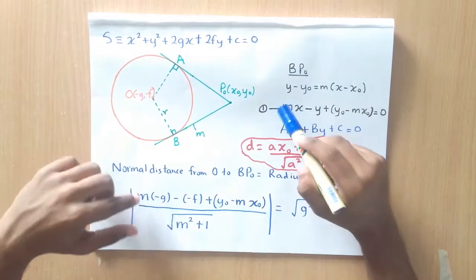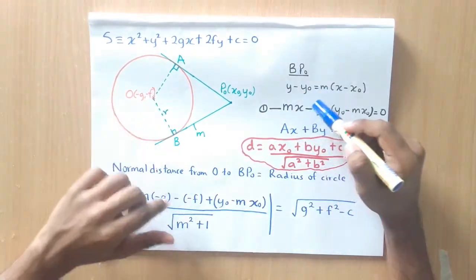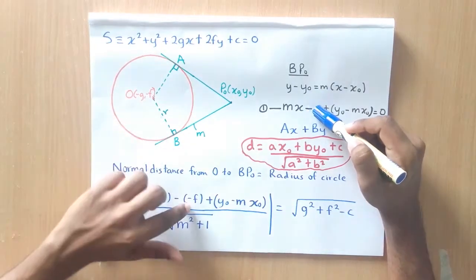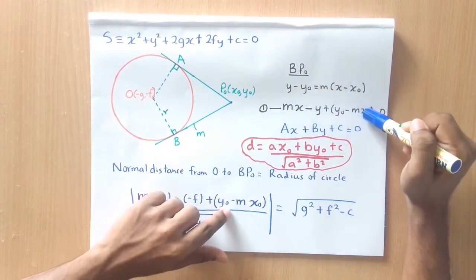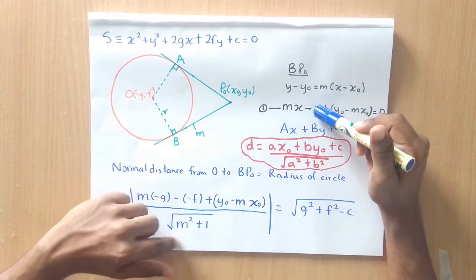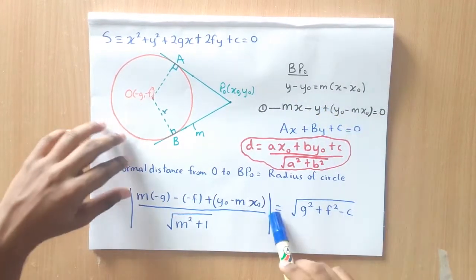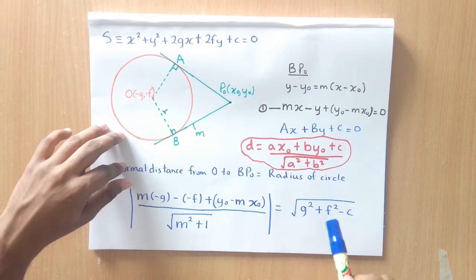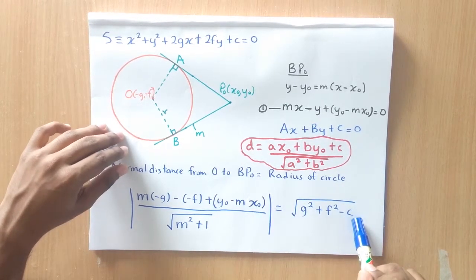So that will be m into minus g minus 1 into minus f plus y0 minus mx0, divided by the square root of m squared plus 1. This is equal to the square root of g squared plus f squared minus c.